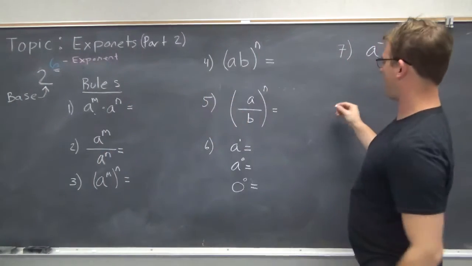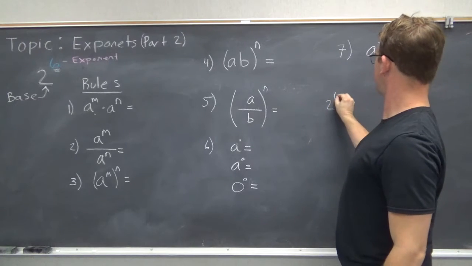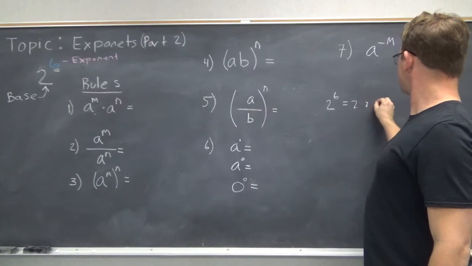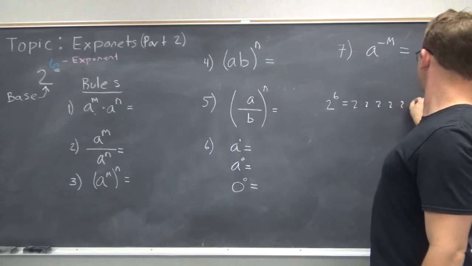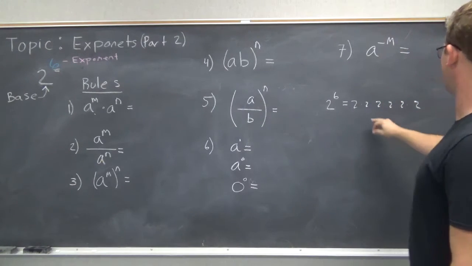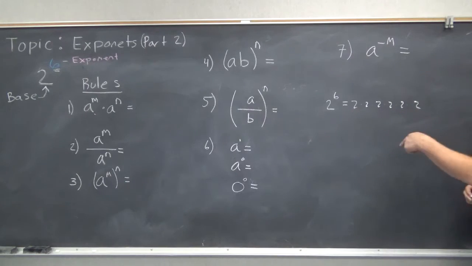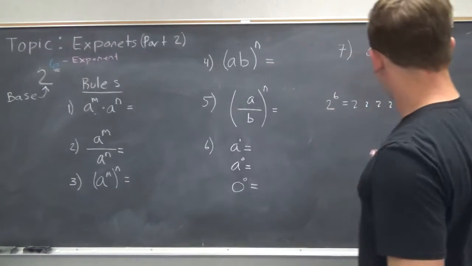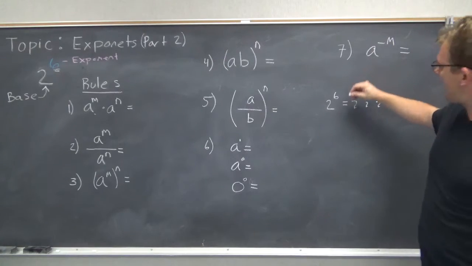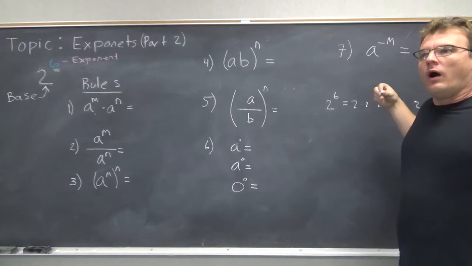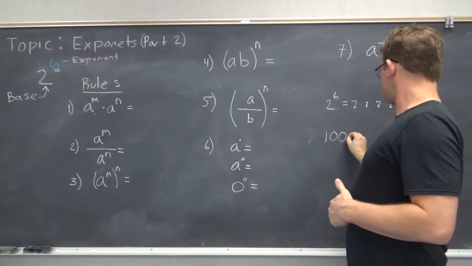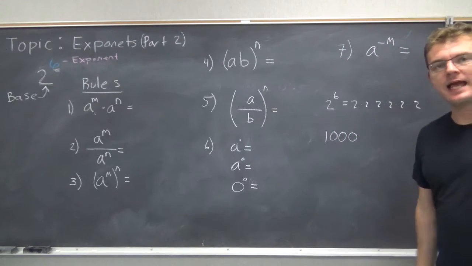So going off of that, if I had 2 to the 6, that means I'm going to go 2 times 2 times 2 times 2 times 2 times 2. 1, 2, 3, 4, 5, 6. Well, 2 to the 6th power is going to be a big number. That's part of exponents: taking something like 1,000 and writing it as an exponent.